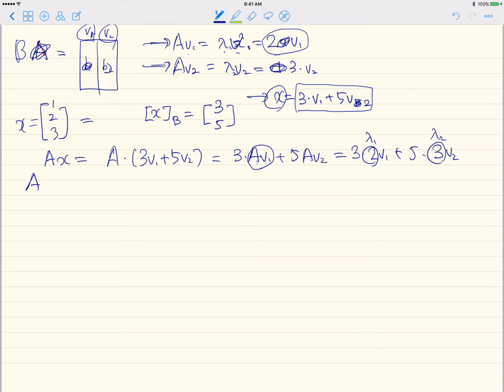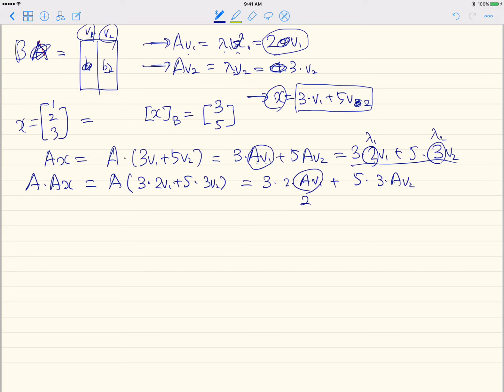And then let's also multiply by A again. In this case, we can plug this in: 3 times 2 v1 plus 5 times 3 v2. You know what I'm going to do in this step, which is similar to what we saw on the previous page. 3 times 2 times A v1 plus 5 times 3 times A v2, and this becomes 2 v1 and this becomes 3 v2.